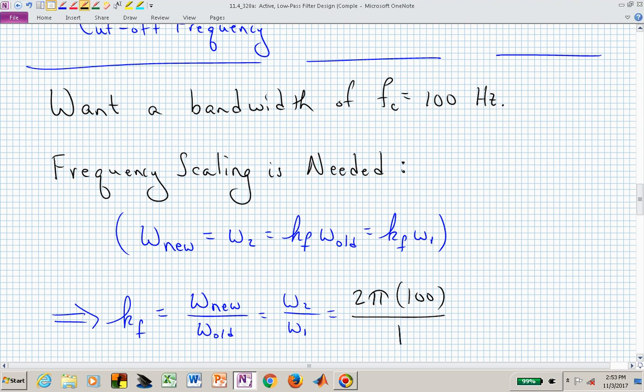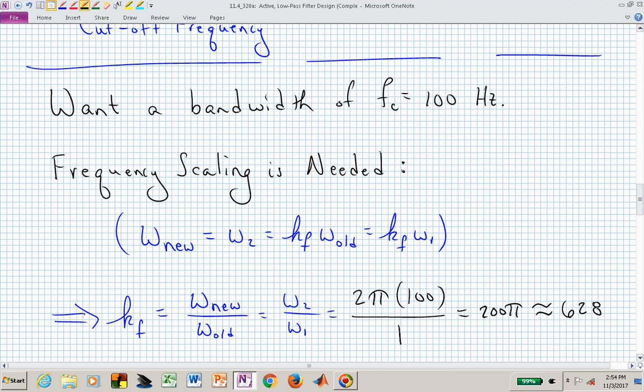The units, radians per second, are consistent, so that now we have a unitless or dimensionless scaling factor k sub f. It's now just some physical number, and that number is 200 pi, which, remembering what pi is, 3.14, is roughly 628 as a scaling factor.